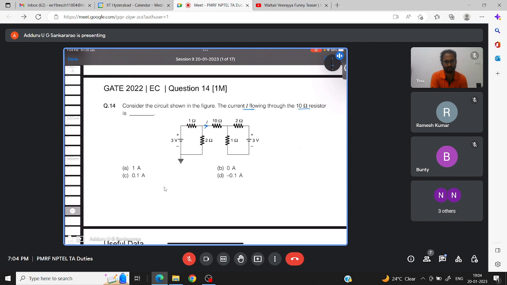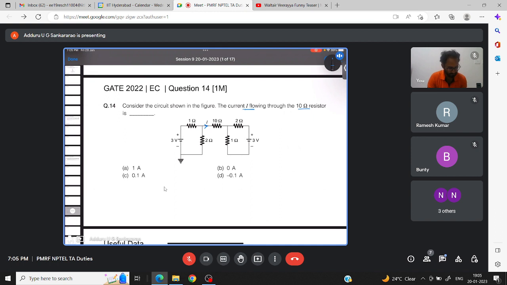See, actually, we can directly tell the answer for this because a circuit should always be a closed one, only then will there be a flow of current. That loop should be closed.